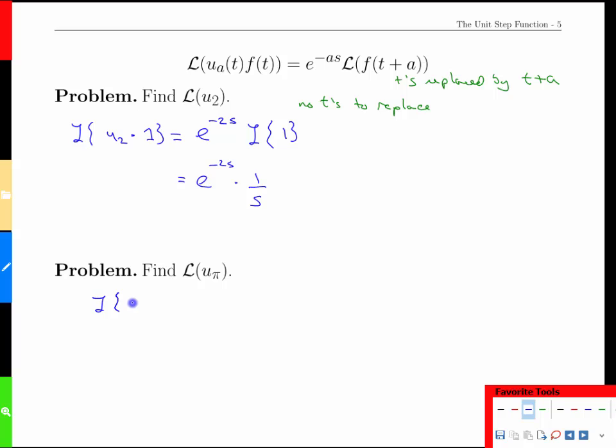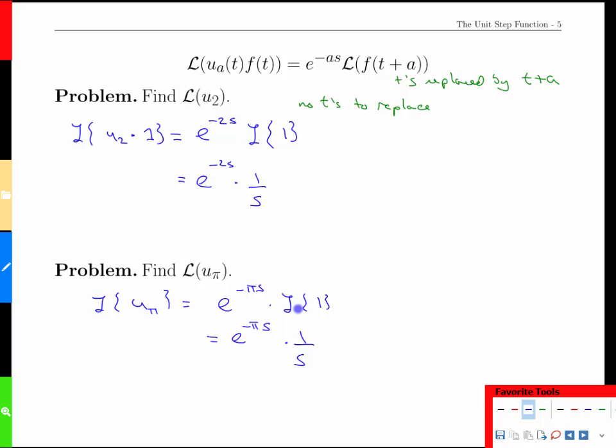Likewise, if we were asked to transform u sub pi, which means the step function that turns on at time pi, or 3.14 seconds, we would get e to the minus pi s times the Laplace transform of what it's multiplied by, which is just 1. And so we have e to the minus pi s times 1 over s. So those are fairly simple.